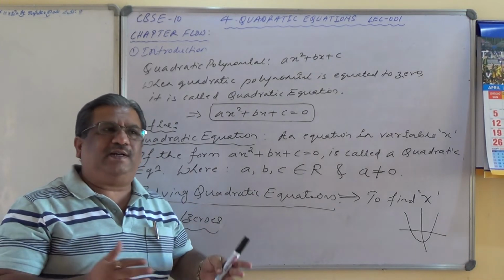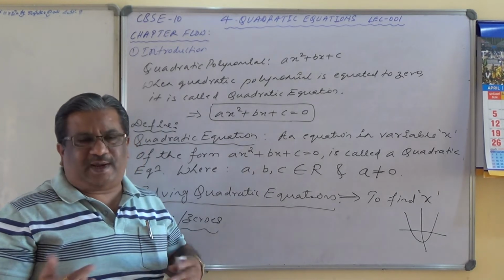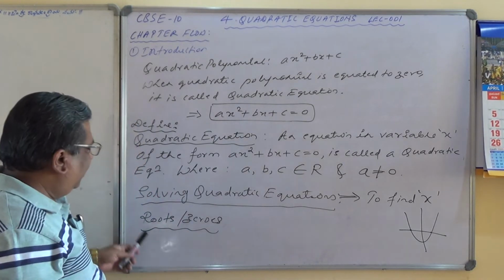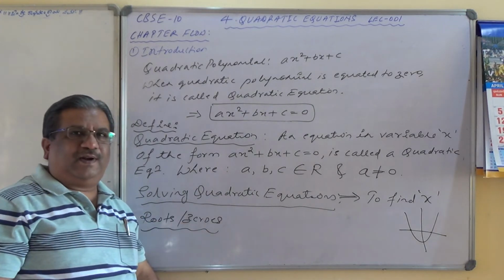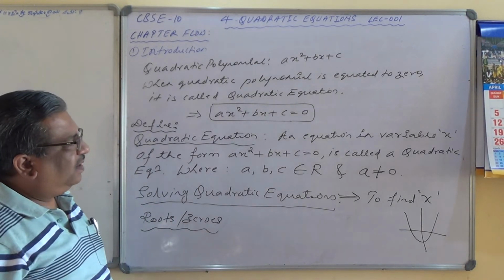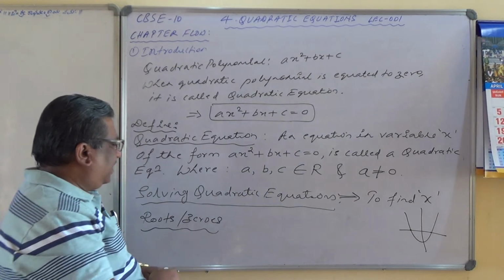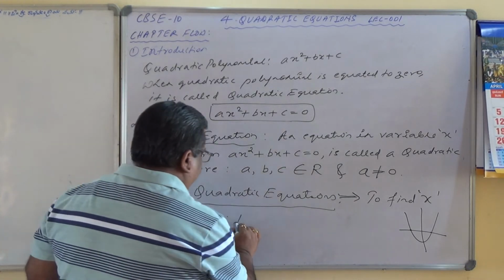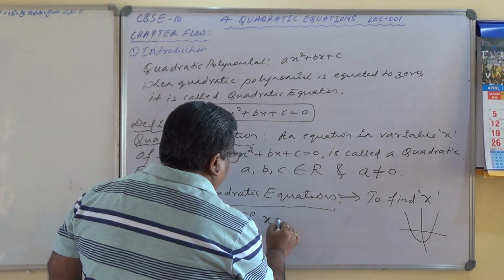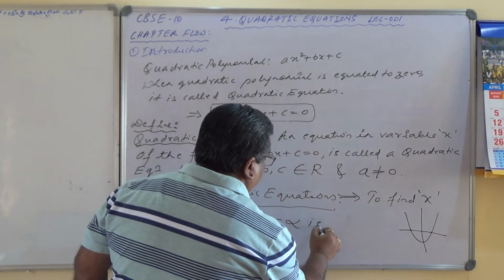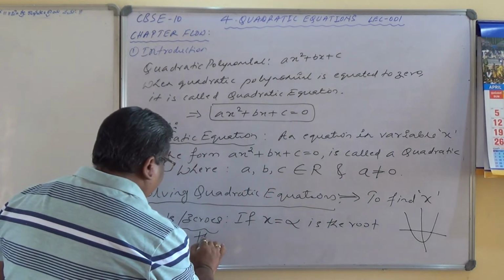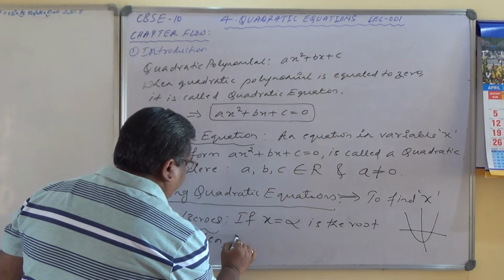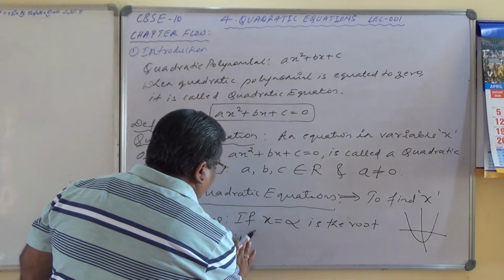That means the quadratic polynomial reduces to 0. I hope you have understood the meaning of roots and zeros. It requires a little in-depth knowledge of polynomials, which we will study later. So simply I can say, if x equals alpha is a root, then it satisfies the equation.